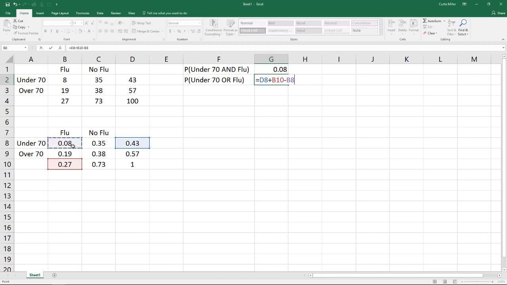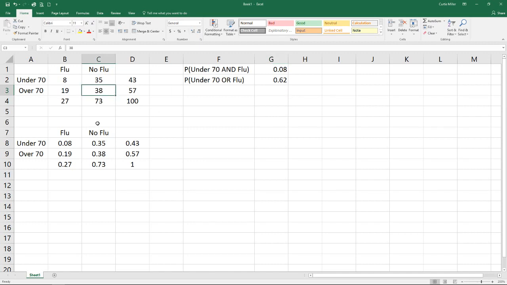Because we added the 0.08 two times, we will subtract it once to get the proper value. This tells us 0.62 probability, which means 62 out of our 100 people were either under 70 or had the flu during this past season, which makes sense.